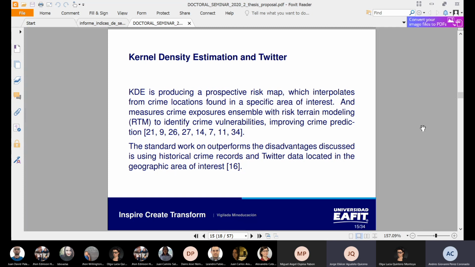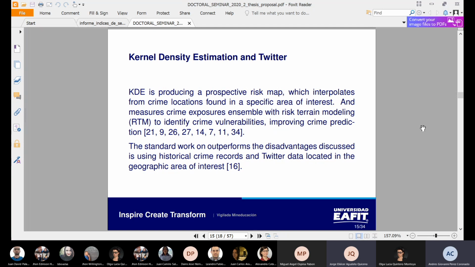Kernel density estimation, KDE, and Twitter produce a prospective risk map that interpolates crime locations found in a specific area of interest. We can measure with risk terrain modeling and identify vulnerabilities, improving crime prediction with KDE, the kernel density, because it is non-parametric.